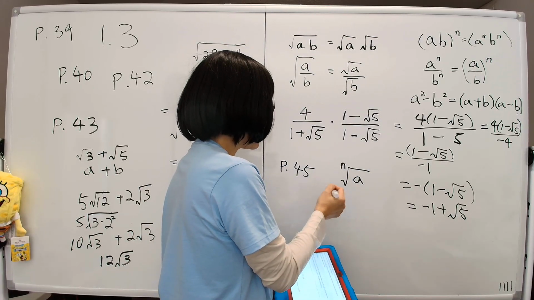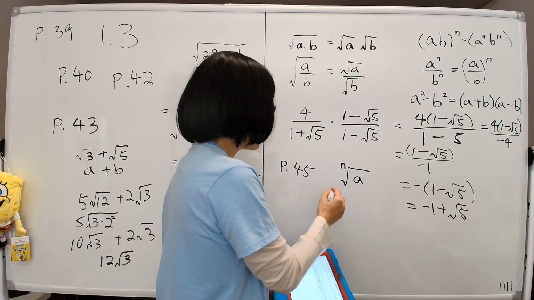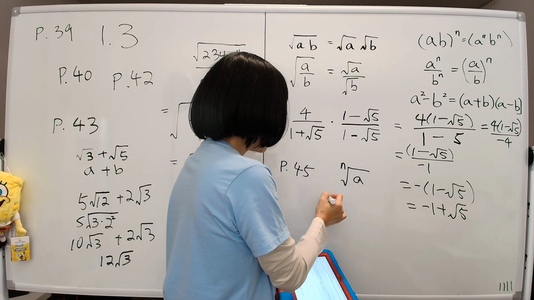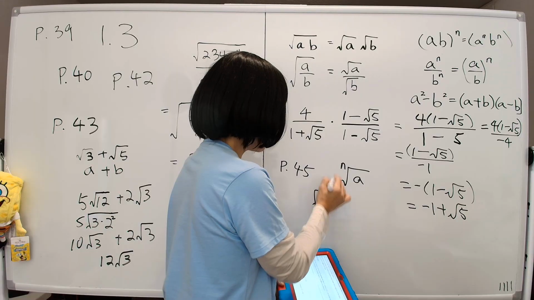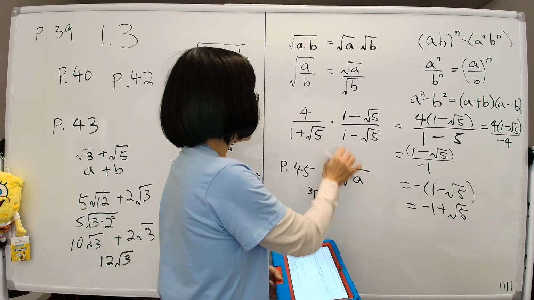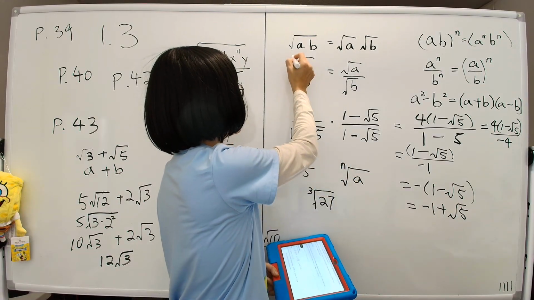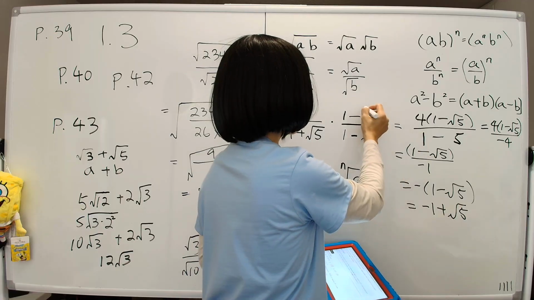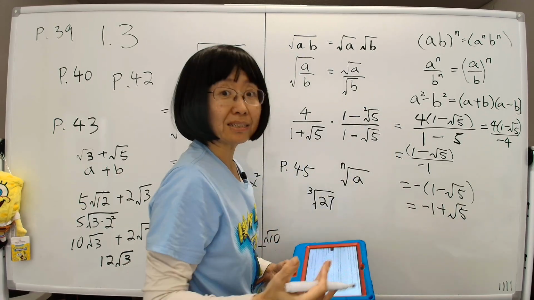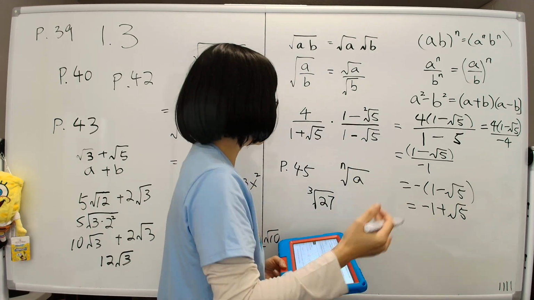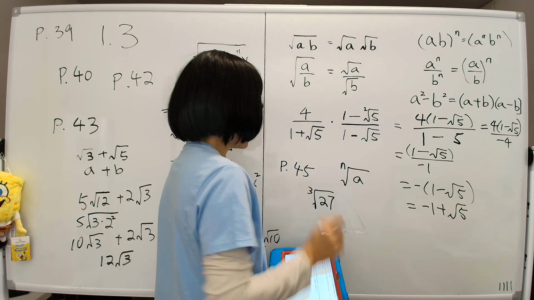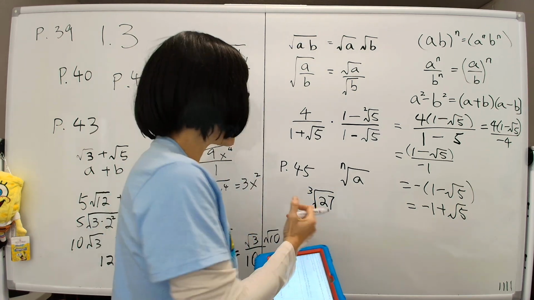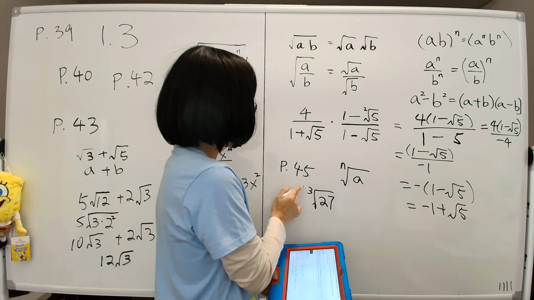Well, let's think of the number 27, and let's pick n to be 3. Normally a square root written like this means that n is equal to 2. You can write it down, but nobody writes down 2 because the square root just means 2. But if you have the cubic root, then you will have to write it down to not confuse it with the square root. The cubic root has the power 3.